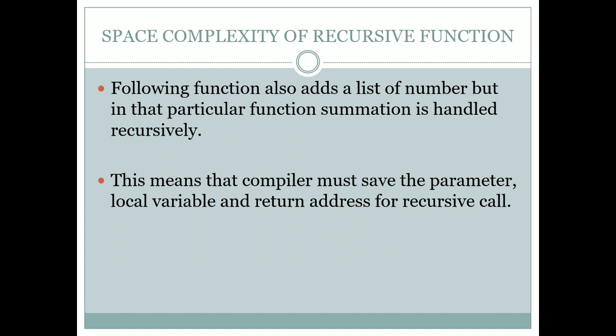In the following function, we add a list of numbers, but in this particular function, summation is handled recursively. This means the compiler must keep the parameters, local variables and return address for recursive calls.